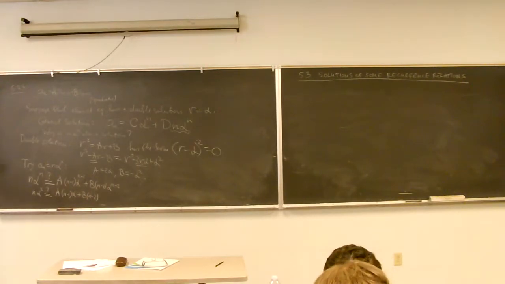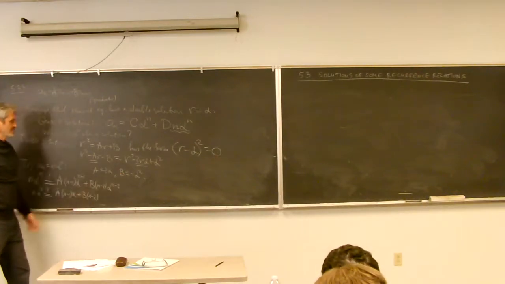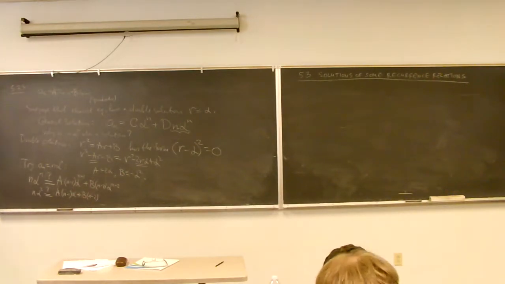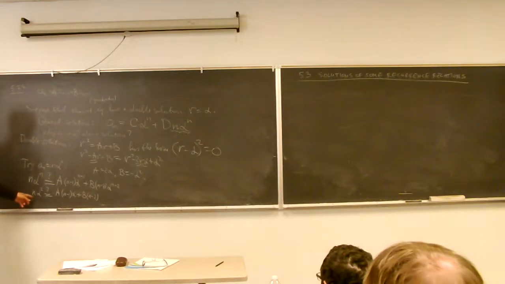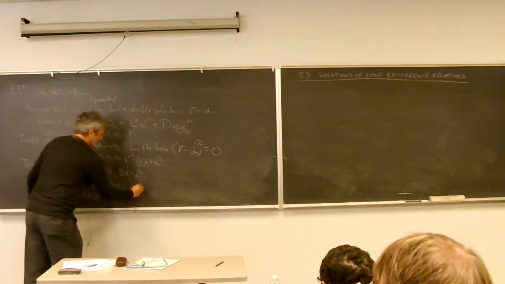But now I will replace what a and b are in terms of alpha, and I'll get another equivalent equation. So what would that be? It is equivalent to the following.